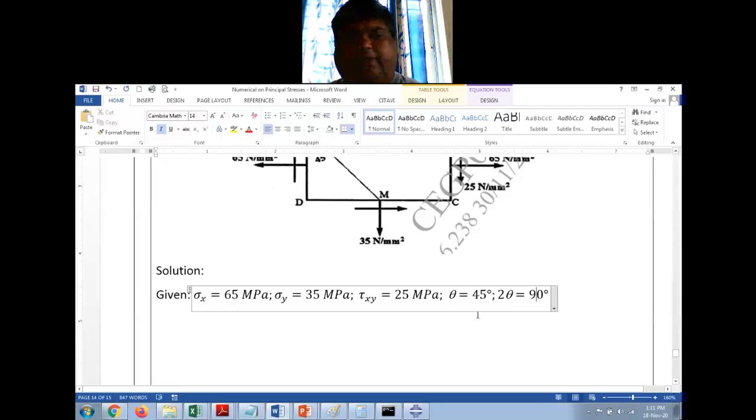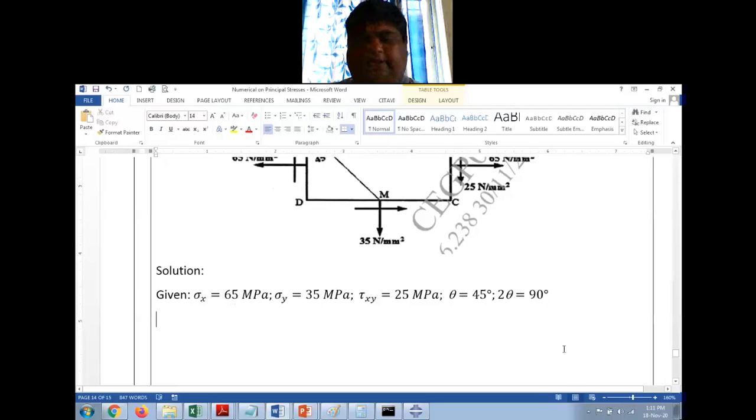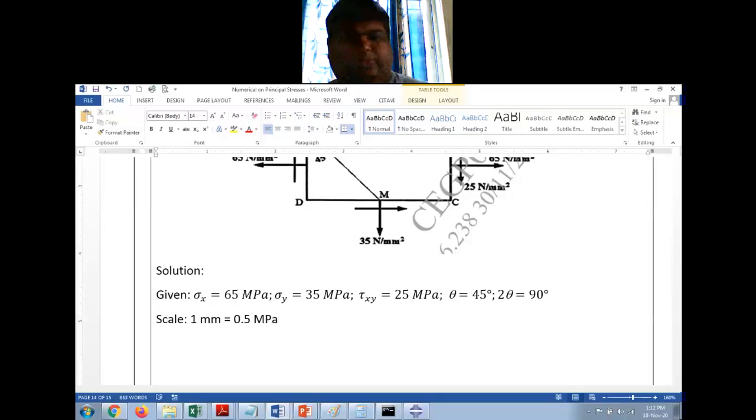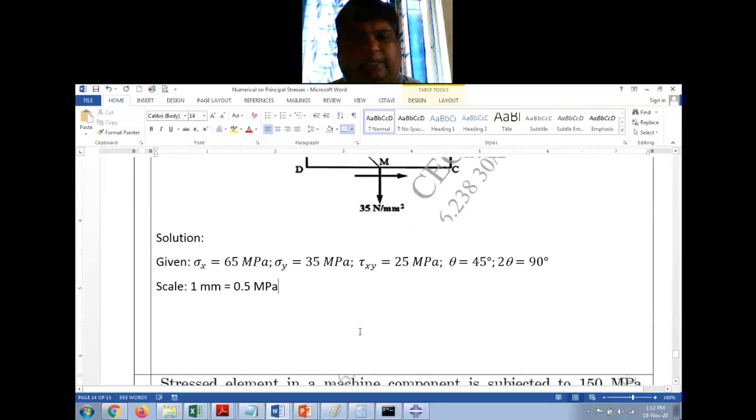So I will take an enlarged scale, 1 mm is equal to 0.5 megapascal. I think this should be fine. So this will become 13 centimeter. 13 centimeter is sufficiently large, right? Now using this scale, we will be drawing the Mohr circle diagram.